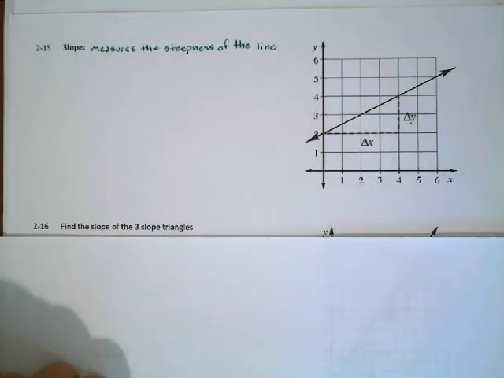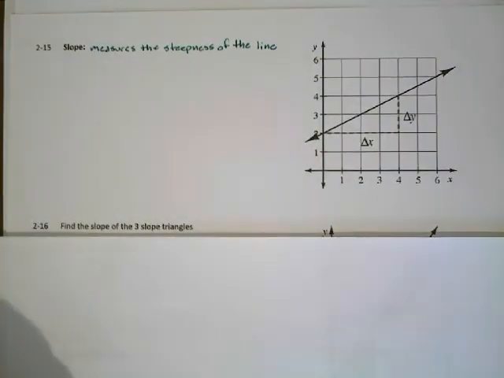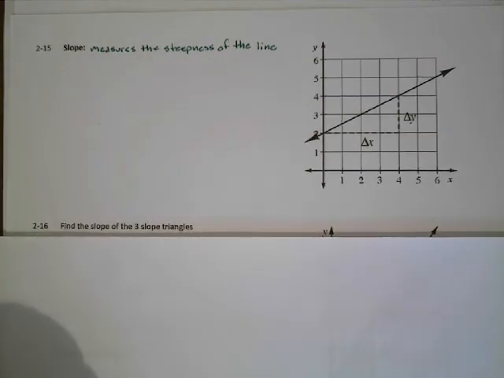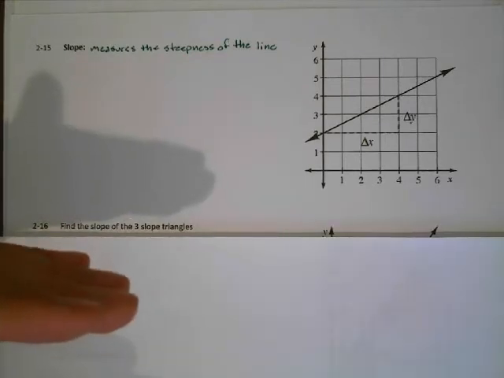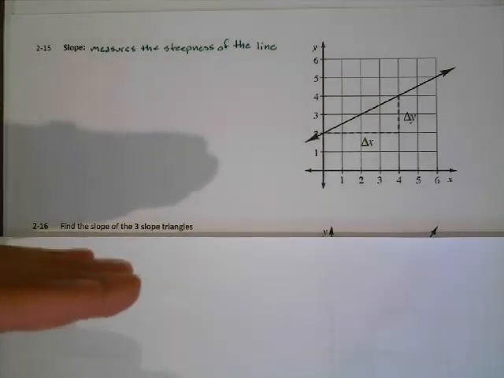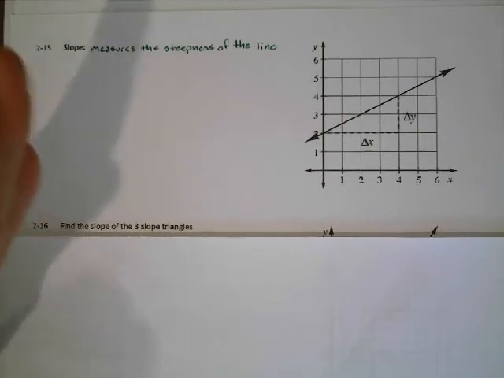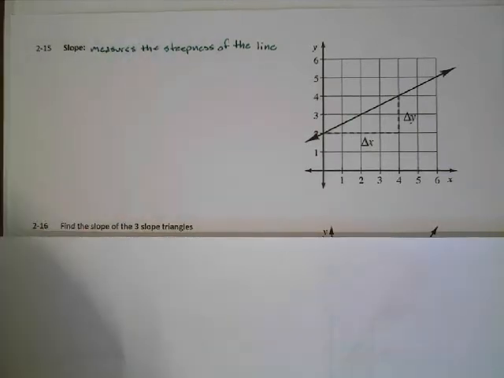So what we would expect is if slope is measuring how steep the line is, the bigger the slope, the steeper the line. So the closer it is to being a flat line, we would expect that to mean that it's closer to 0. The closer it is to a vertical line, that's how it gets closer and closer to infinity.